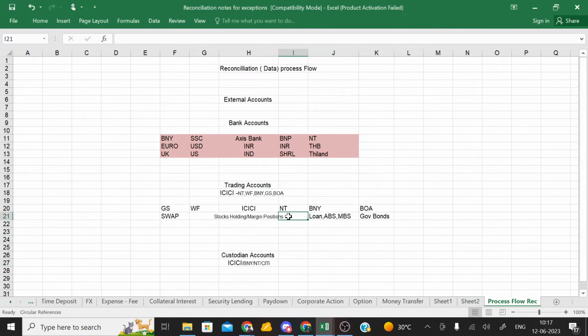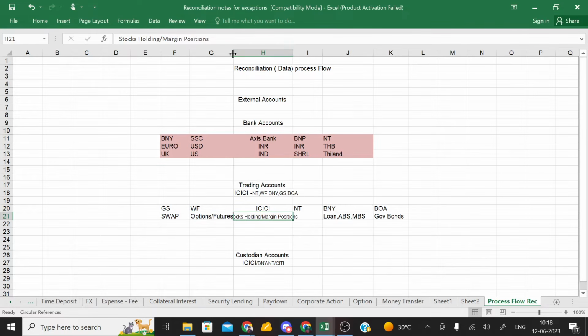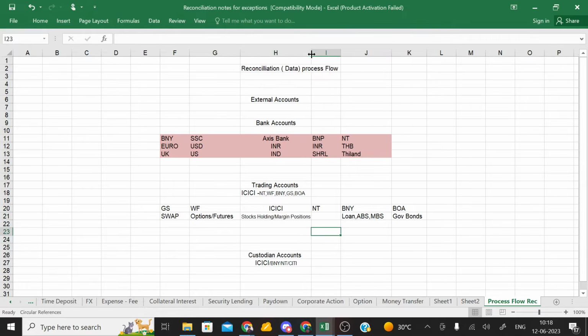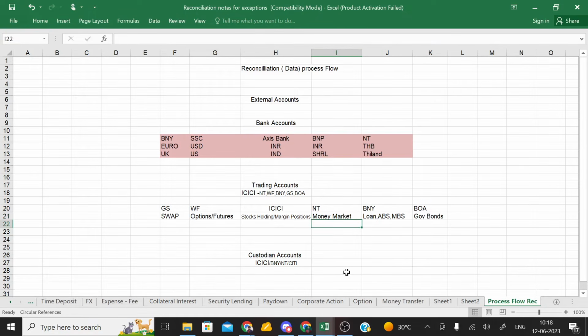Wells Fargo will offer options and futures, derivatives, and say money market transactions. Right.